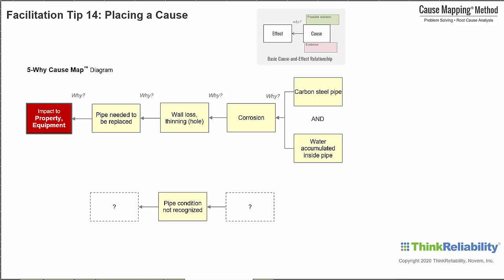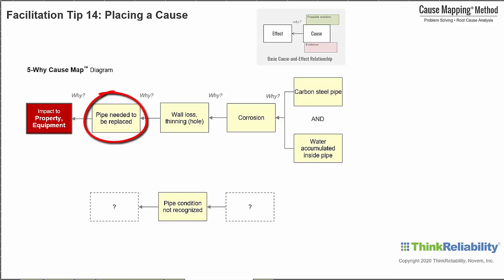Similarly, we had a parked cause that mentioned that the condition of the pipe was not recognized. So let's look at some of those less intuitive questions. If I try to understand, what did the opposite of this cause produce? The pipe condition not recognized, the opposite would be that the pipe condition was recognized. What did that produce? Did that produce or cause the pipe needing to be replaced?